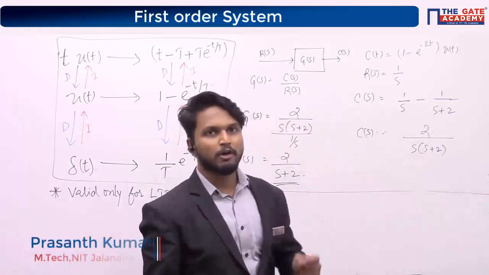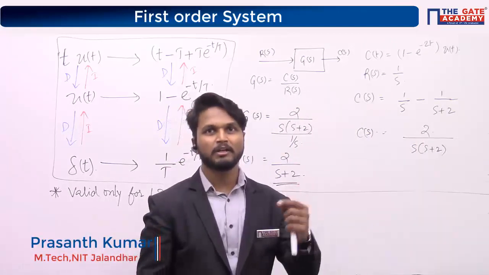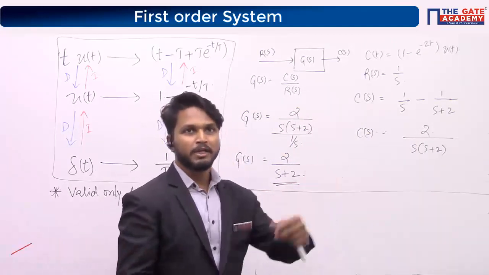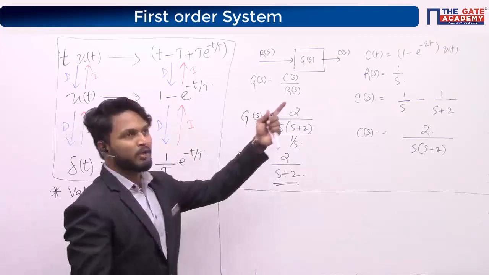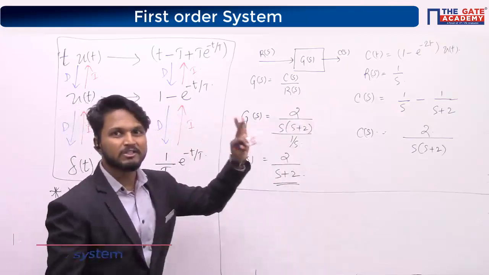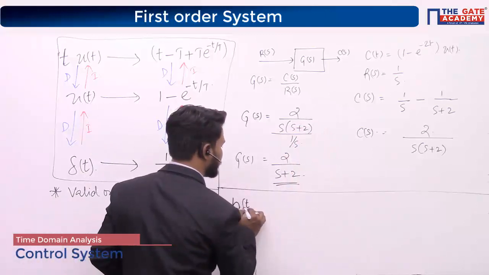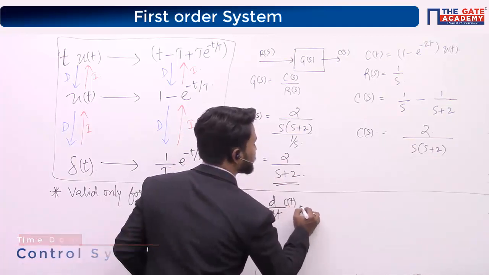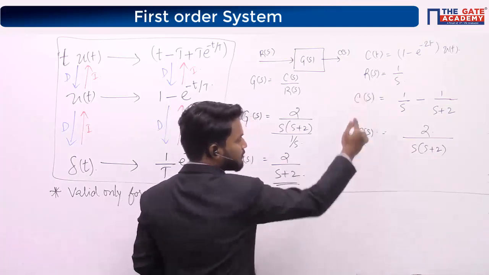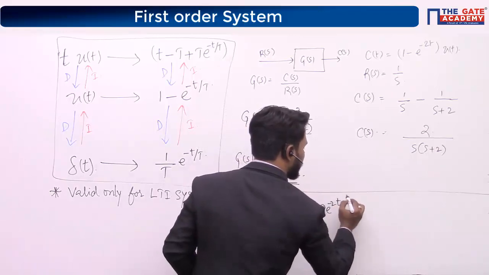But if you know that the impulse response is the transfer function of any particular system, you can go by one more simple procedure. You have been given the step response. Just differentiate the step response and you will get the impulse response. Impulse response h of t is equal to d by dt of c of t, which is 2 e power minus 2t.